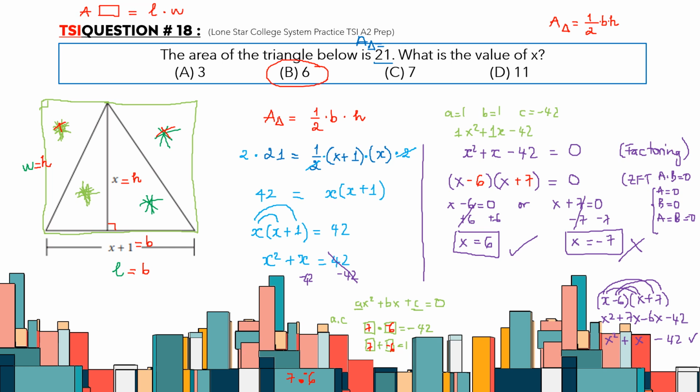So we know that the area of the triangle will be 1/2 the area of the rectangle, 1/2 of the length times width, because the length is the same as the base, and the width is the height.